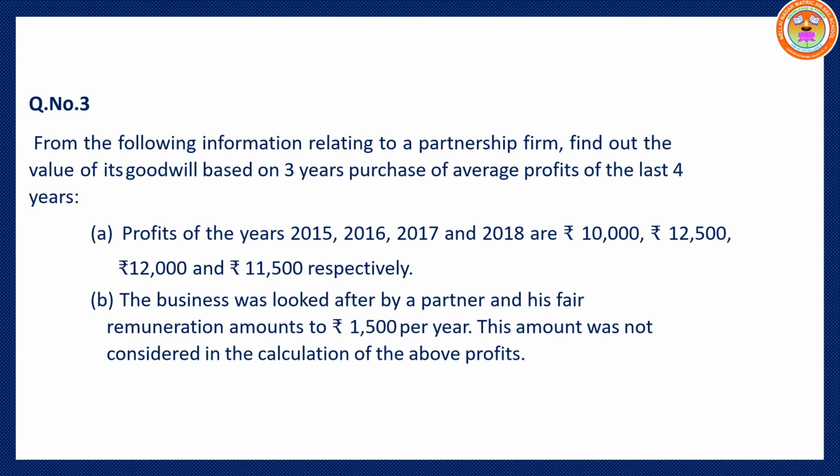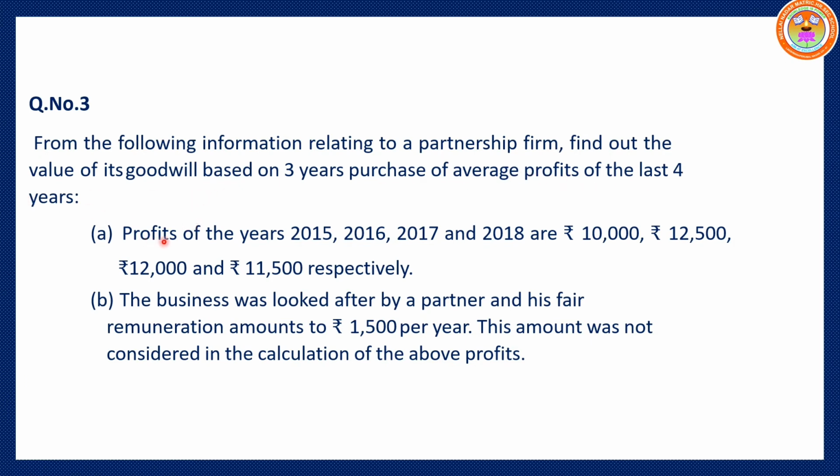Read question number 3. From the following information relating to a particular firm, find out the value of its goodwill based on 3 years purchase. For finding goodwill, this number of years should be multiplied with average profit. 3 years purchase of average profits of the last 4 years.